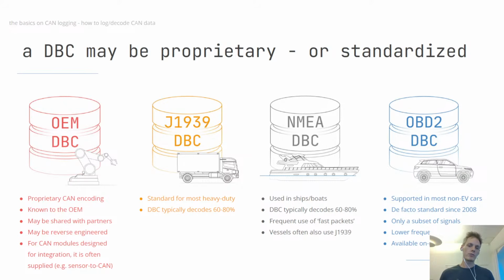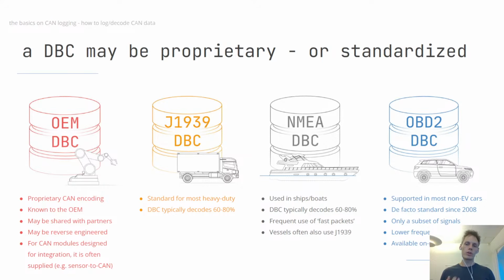In practice, that means that if you have a standard J1939 DBC file, which we offer, then you can decode most of the data in most heavy-duty vehicles. Still, this requires testing case by case, but it gives you quite a good chance to get useful data across even mixed fleets of heavy-duty vehicles if you have such a DBC file.